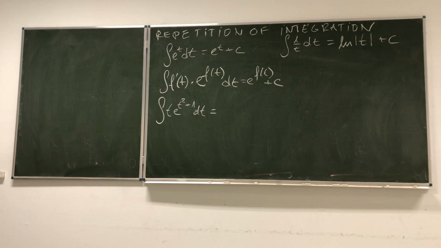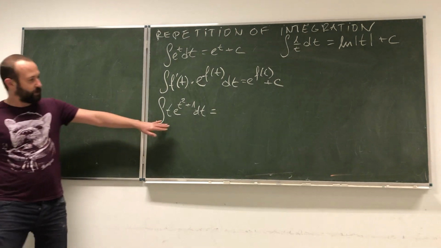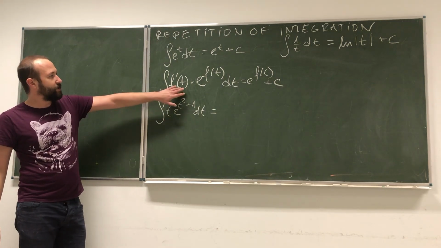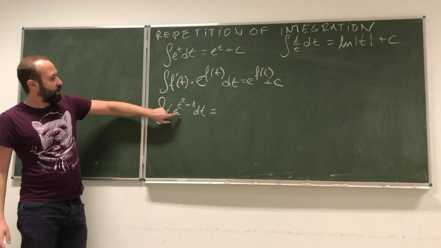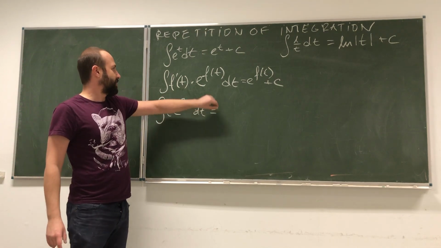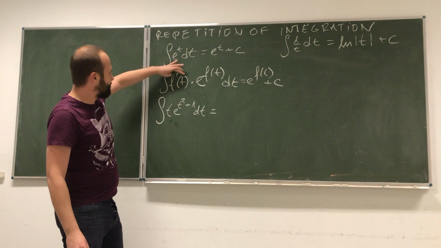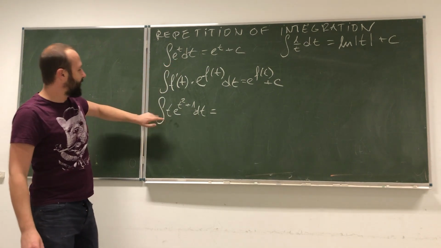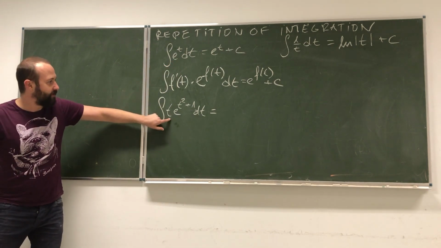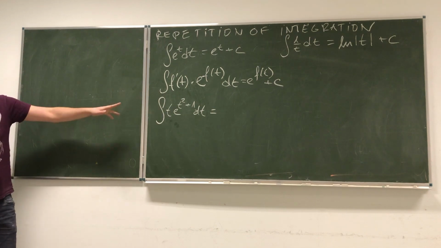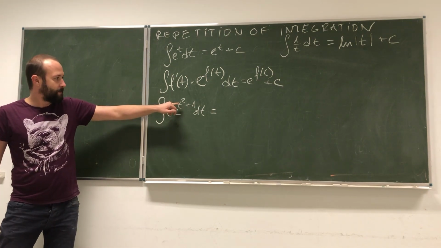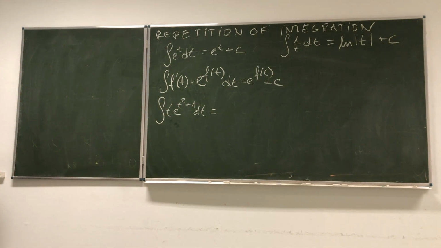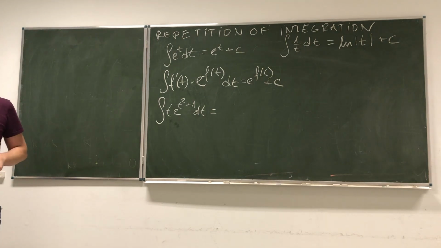To differentiate this expression, remember that we need to use this formula. So, when we differentiate the function, we take the derivative and put it up front. So what we want to have here is the derivative of the exponent. Derivative of the exponent here is 2t. Right?